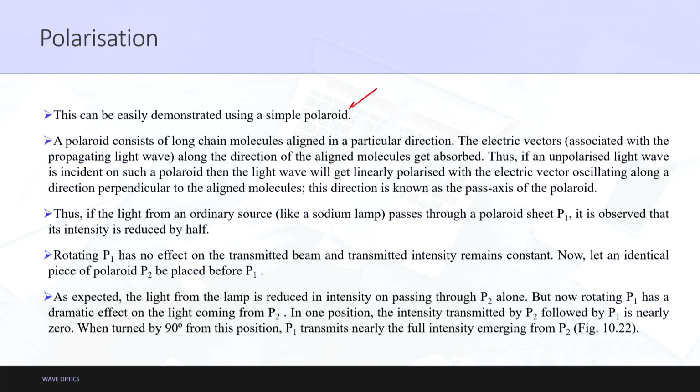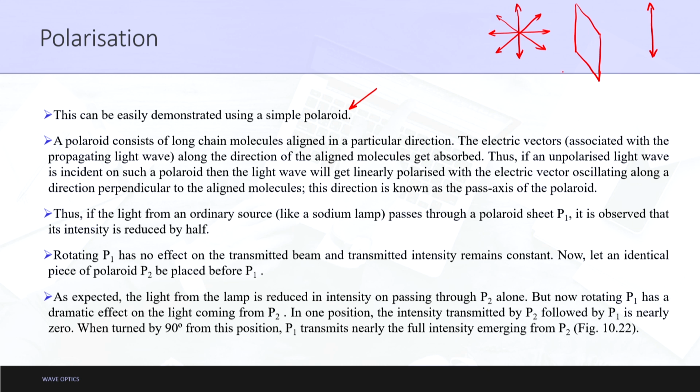So what is a Polaroid? A Polaroid is a device which is used to convert unpolarized light into polarized light. What is an example of unpolarized light? Let us suppose this is the passage.